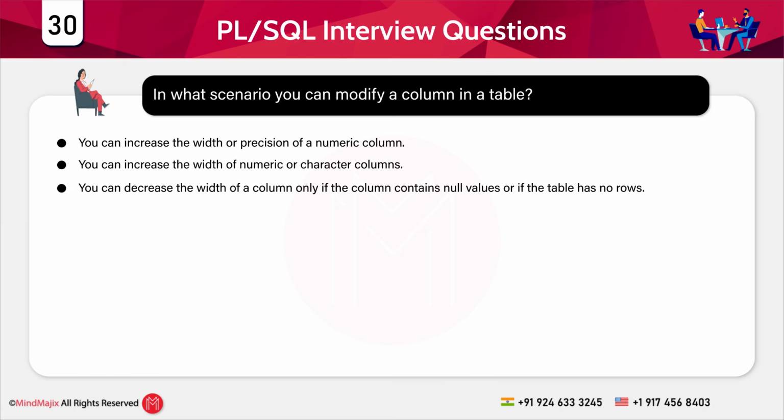You can decrease the width of a column only if the column contains null values or if the table has no rows at all. After this, you can change the data type only if the column contains null values, and you can convert a char column to a varchar2 data type or convert a varchar2 column to a char data type only if the column contains null values or if you do not change the size of the column.